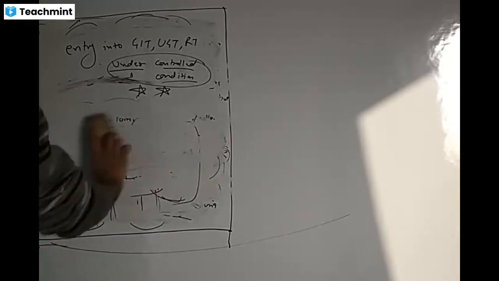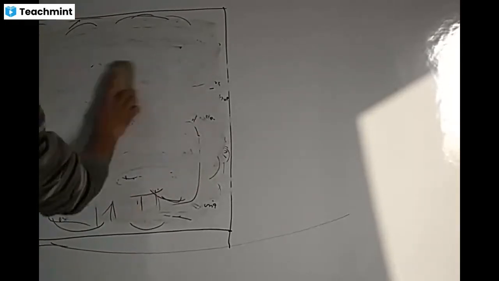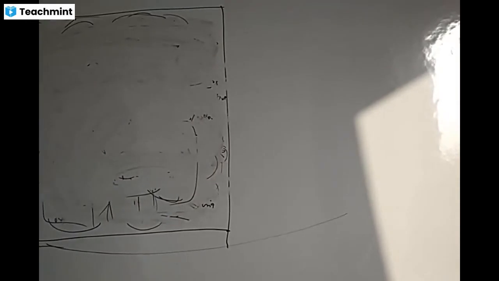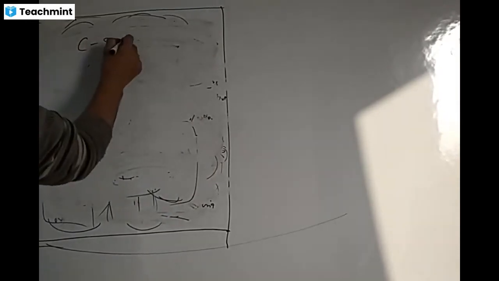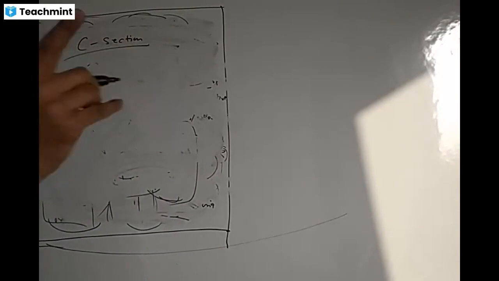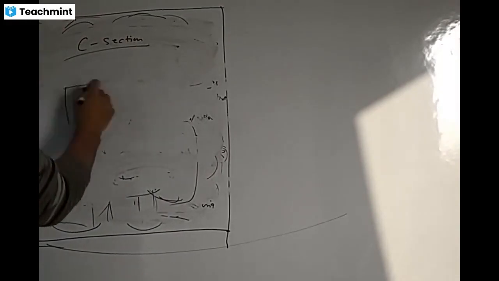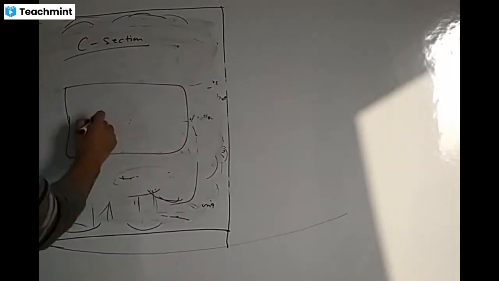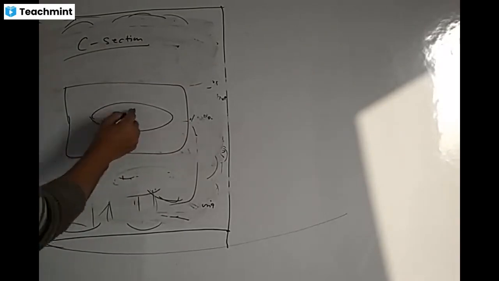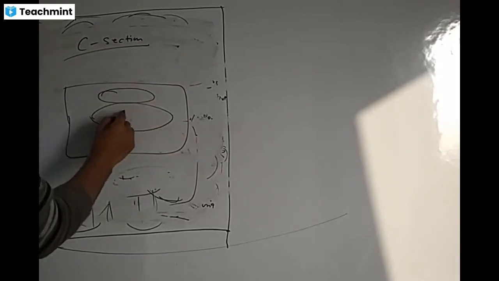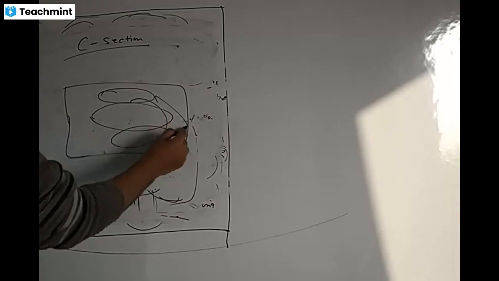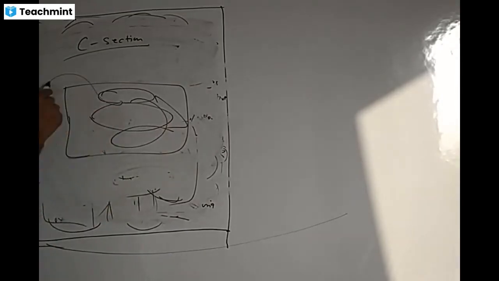Another example of your clean contaminated surgery is the C-section. In case of cesarean section, this is the body of the animal. We give one incision and we bring both uterine horns outside and we apply the drapes.